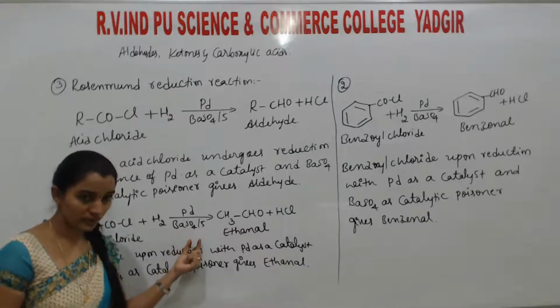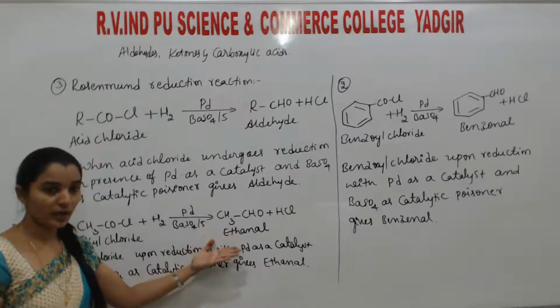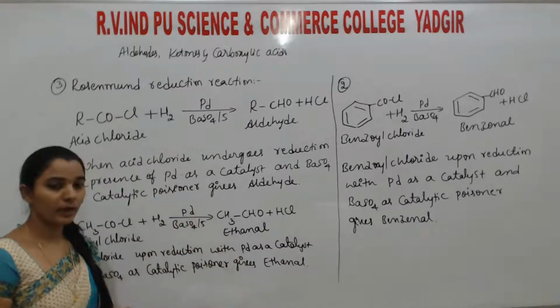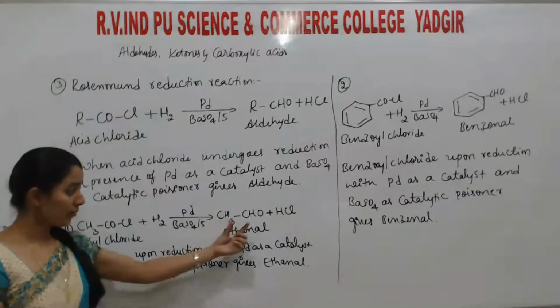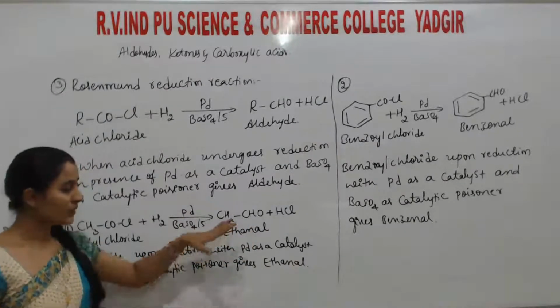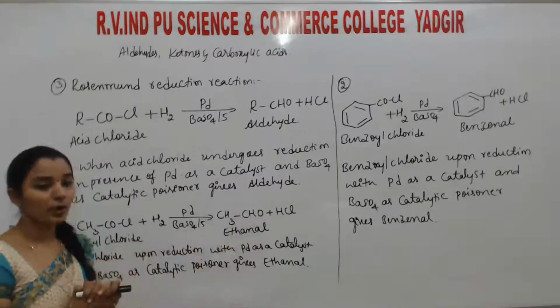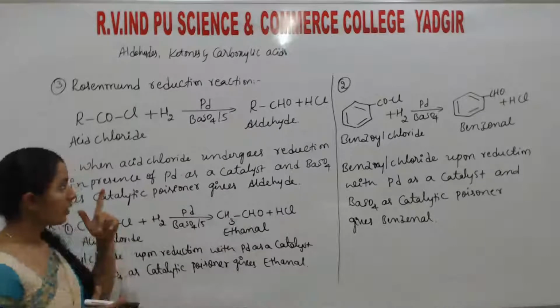Why we need this catalytic poison? Because the reaction is very fast with palladium alone. So instead of forming ethanal, they form alkanes, meaning instead of forming this, they form ethane. So we need the product, what? Aldehyde.